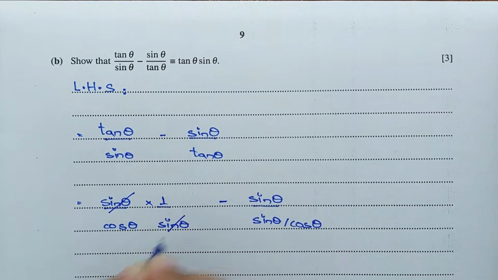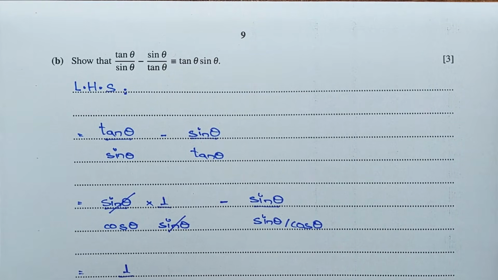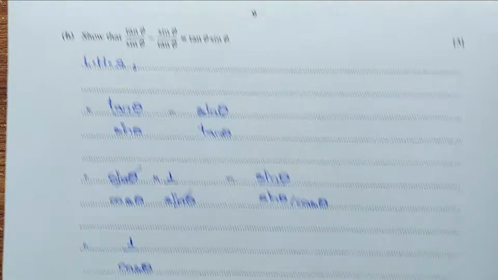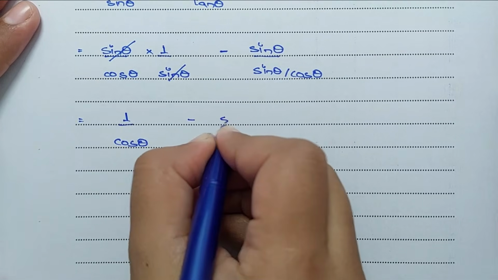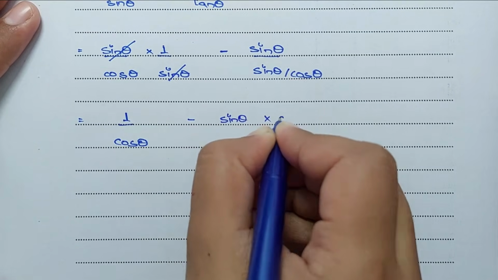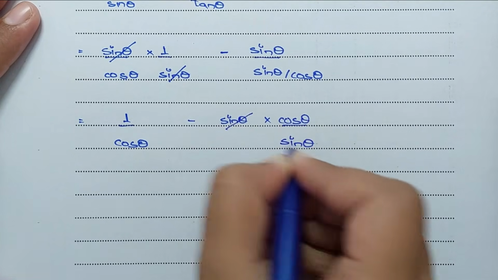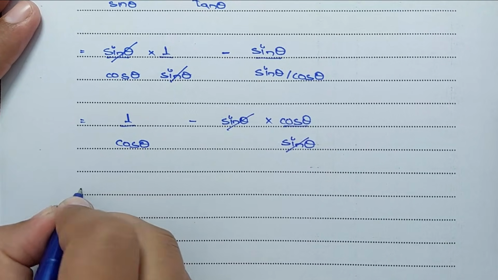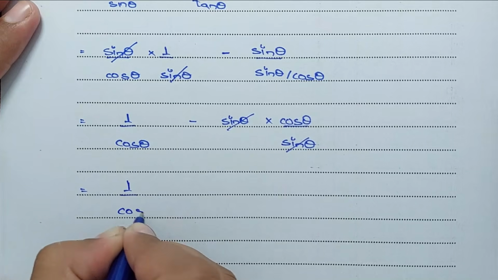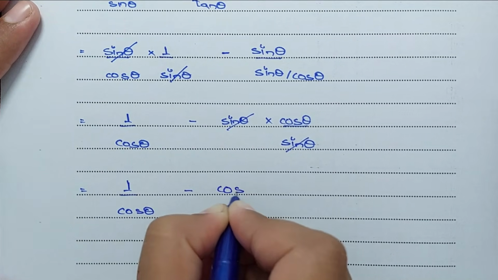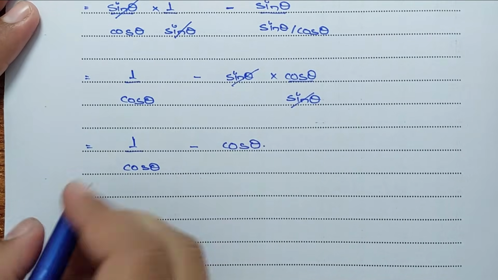We can cancel sine with sine. Here we are left with 1 over cos theta, okay, and minus sine theta, and take a reciprocal, so cos over sine. Again sine is cancelled with sine, so we are left with 1 over cos theta minus cos theta. Okay, take an LCM.